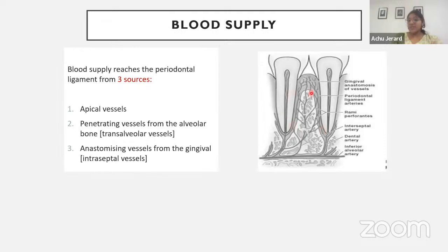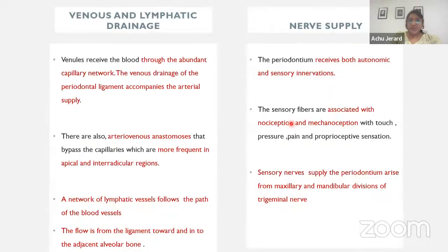And of course, there is lymphatic supply, which is not that important. The nerve supply, I've already told you, has sensory receptors and nerve endings, which give sensation. When PDL is not there, that sensation is not there. It is from the trigeminal nerve, the maxillary and mandibular divisions.